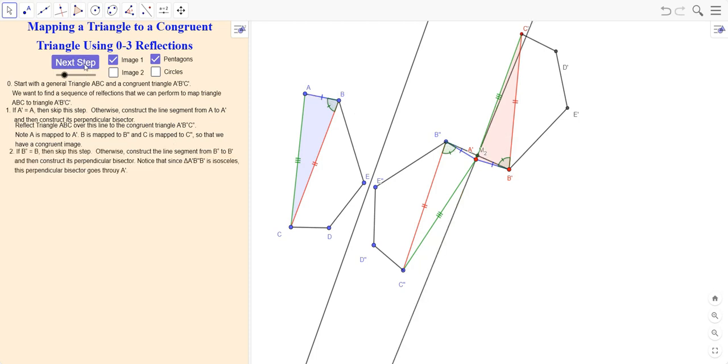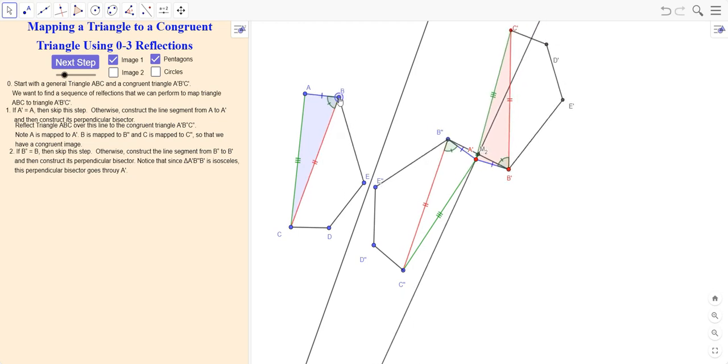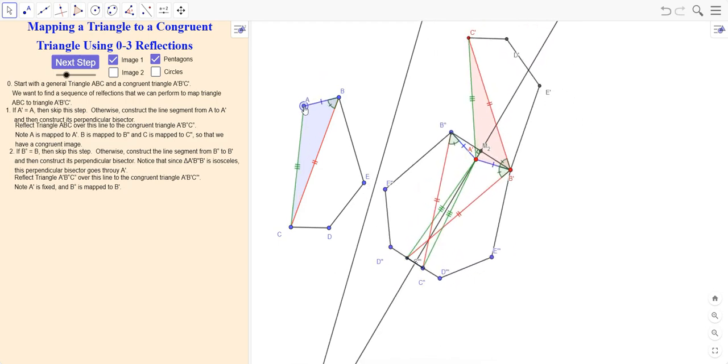And just as we did before, if B double prime and B prime are not the same, take the line segment that connects them, take the perpendicular bisector of that, and reflect over that to map B double prime to B prime without messing up A. You notice it doesn't mess A up when you do that, because that perpendicular bisector will go through that A.